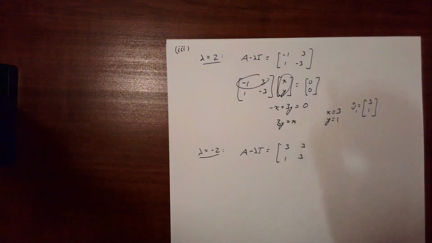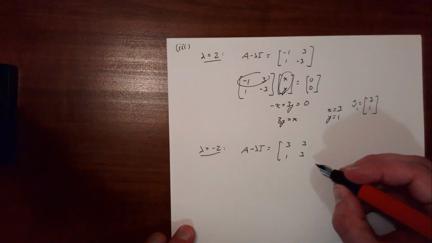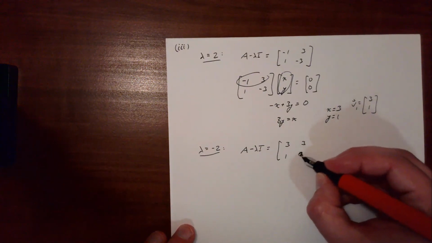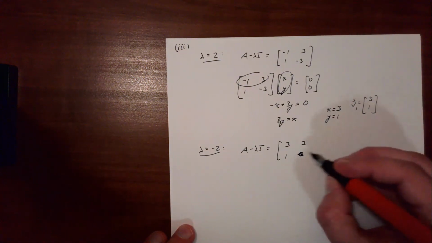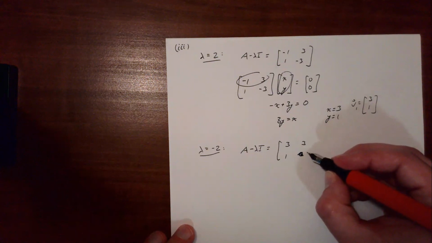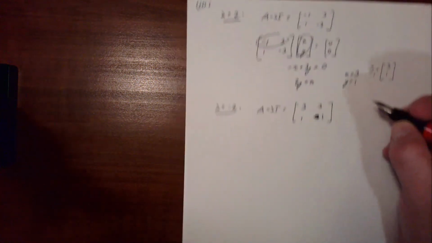Oh, wait, hold on, what am I saying? So negative 2. So 1 minus negative 2 is 3, 3. Negative 1 minus negative 2. All right. Negative 1 minus negative 2. That is 1. Right, there we go. Okay, that makes more sense.